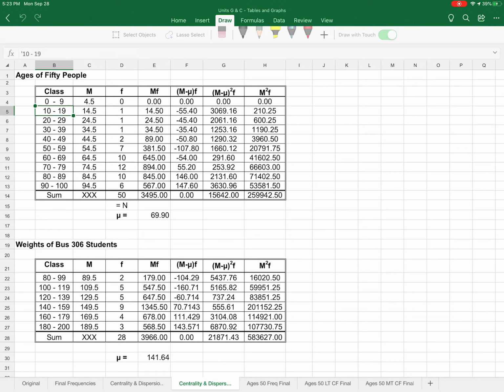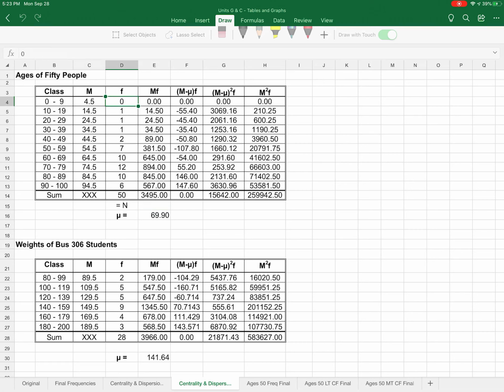So what we've done here then is we've taken a look at the first three columns. You first have to come up with the MF column, which is used to sum up, divide through by n to get your mean, which is 69.9. And then we could come over here and take each m, its class mark, again usually just a midpoint, minus the mean, so 4.5 minus 69.9, and then multiply that by the frequency.